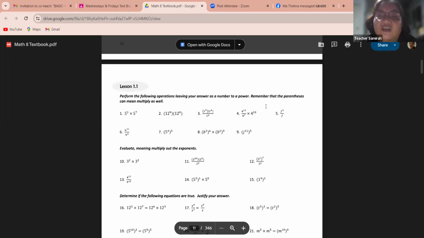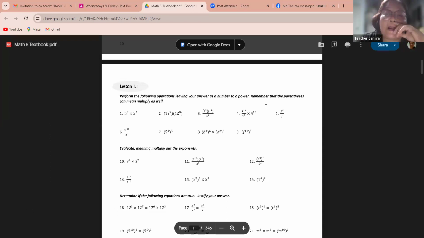What will be your answer? You have the same base. The base is 5, right? So what are you going to do with the exponent? You are simply going to add the exponents. 3 plus 7.